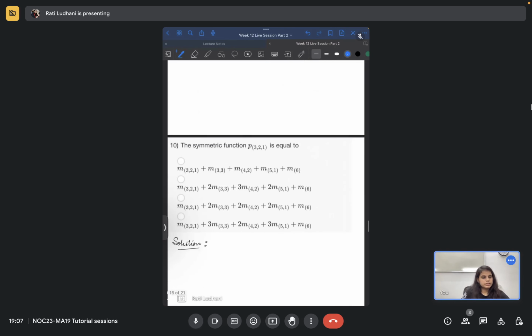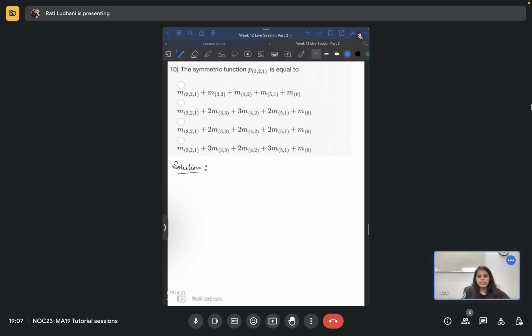Okay, let's move to the next question then. The symmetric function p3 2 1 is equal to what? So we have p3 2 1, and we need to find this. As we did last time, this is some m mu, where mu is what?